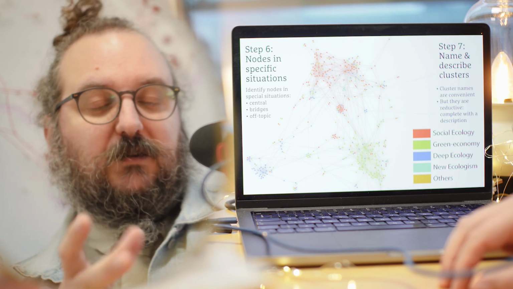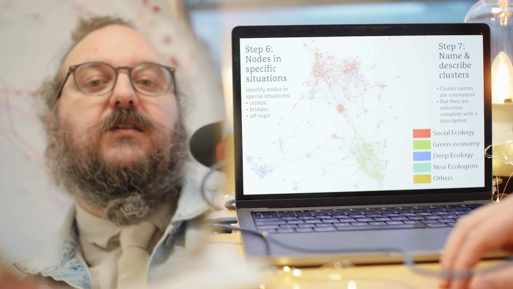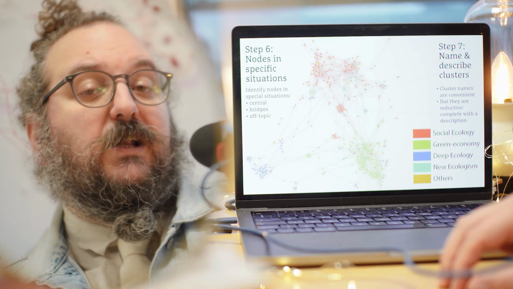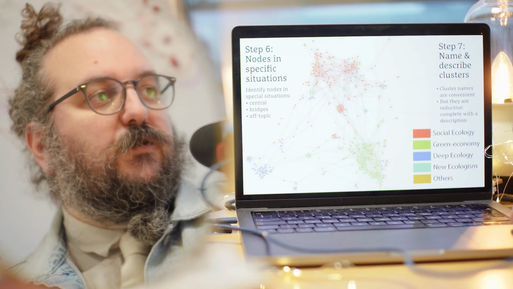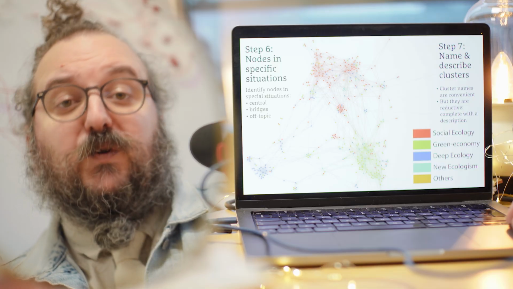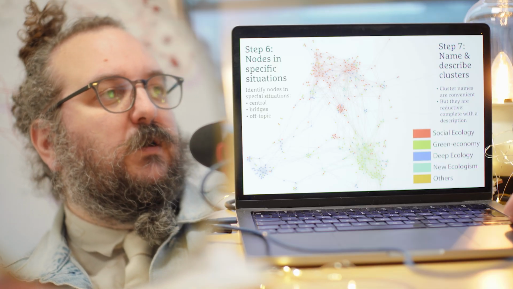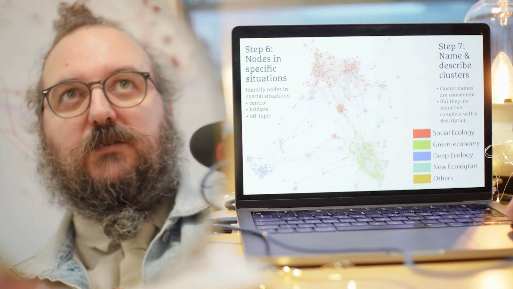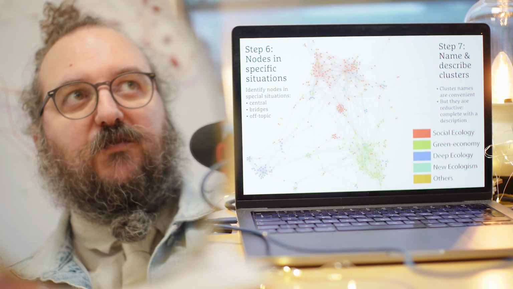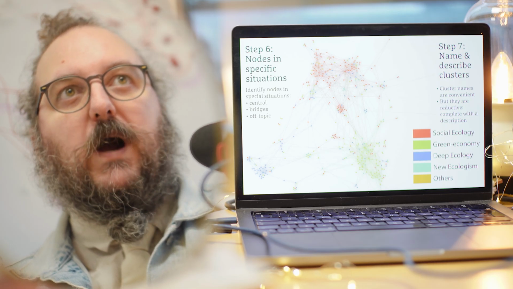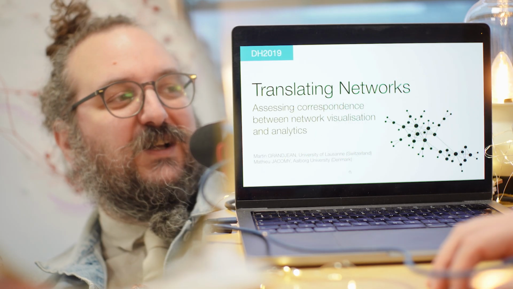Local because it relates to the fact that they are in Portuguese, and social ecology is related to their content. So whatever is useful for you to explain what is going on. That would be the different steps of the process of making a network map while exploring it.